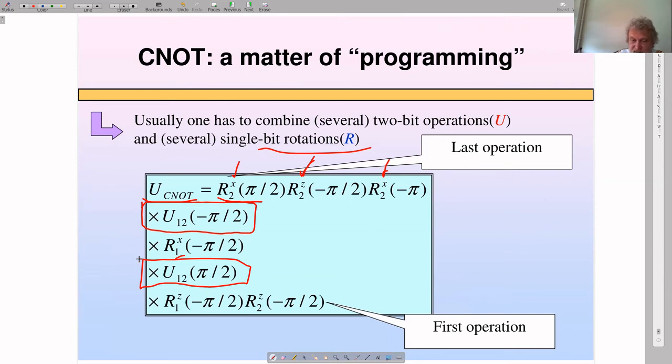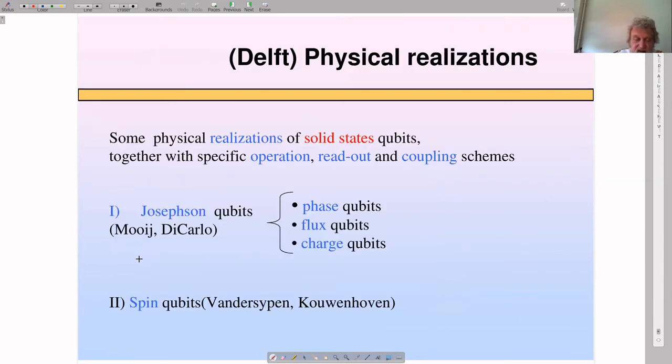Good. With this, let me concentrate on physical realizations of two-level systems. And again, as I promised, I don't want to talk about technology. I don't want to concentrate my outline on the best qubits which are used.